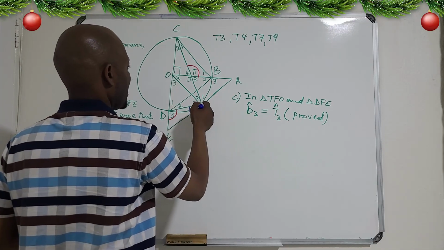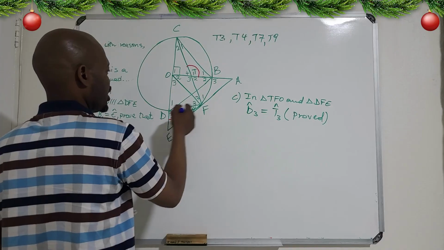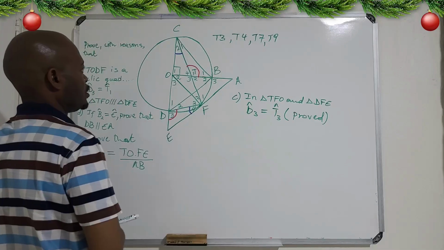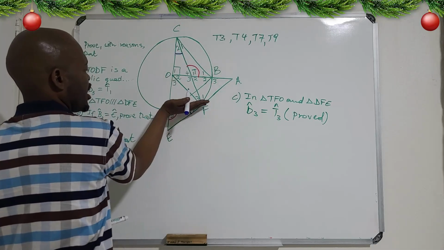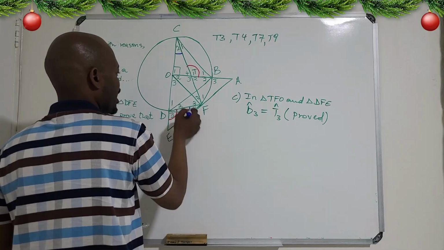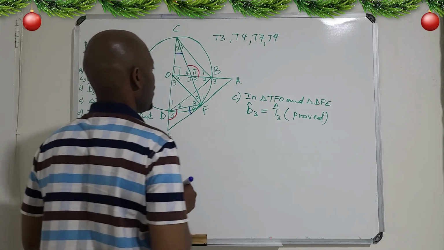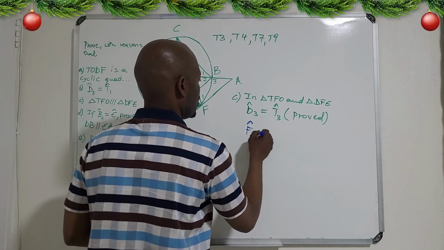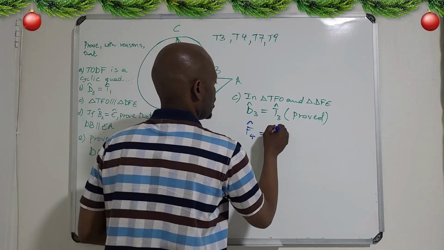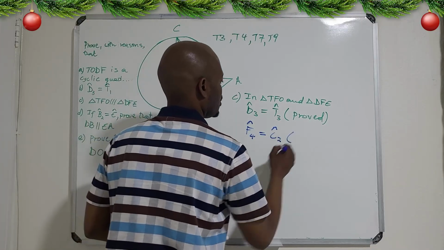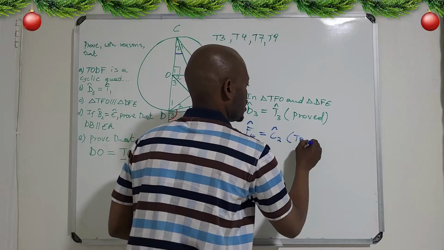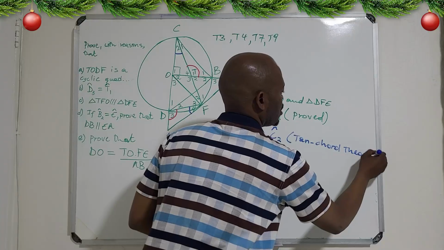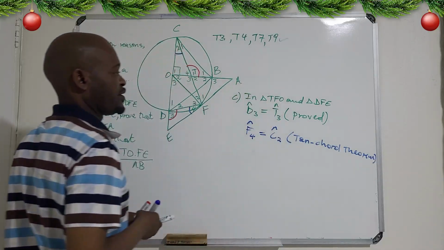F4 is made by the tangent and the chord, so it's going to be equal to this angle there, because this angle is subtended by this chord, which makes an angle with the tangent. Therefore, angle F4 is equal to angle C2. Reason: tangent-chord theorem, which is our theorem number 9 there.